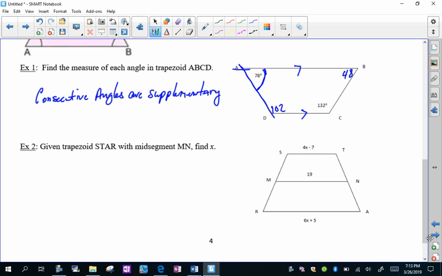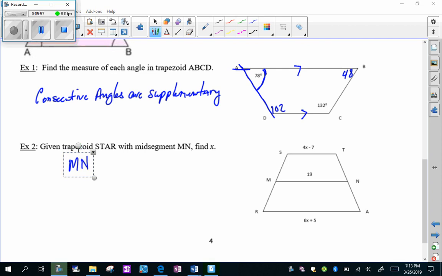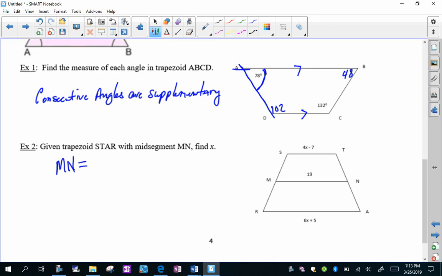We're looking for x. Let's start with MN. MN equals 1/2 times ST plus RA.